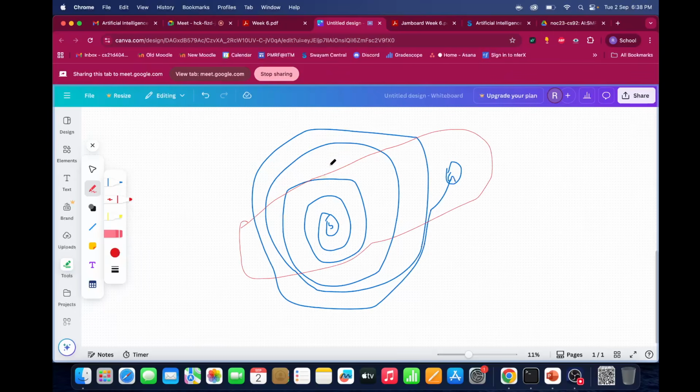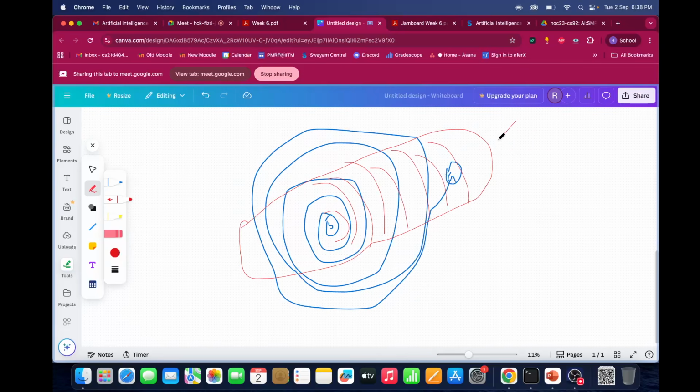Instead of exploring all these things, we will explore only these neighborhoods. First in this direction, then this, then this, and we keep expanding until we cross the goal node.